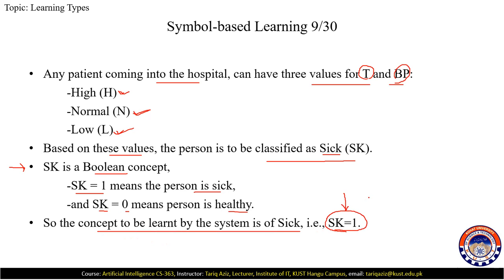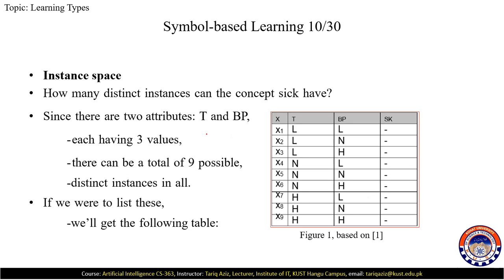Now, dear students, what is the instance space? How many distinct instances can the concept sick have? We have a table here. We have two attributes, the temperature and the blood pressure, and we have three values for each.